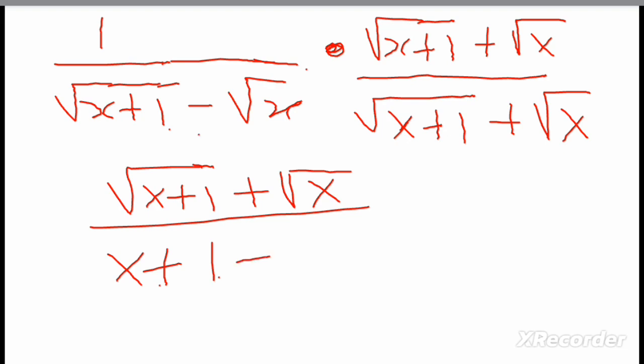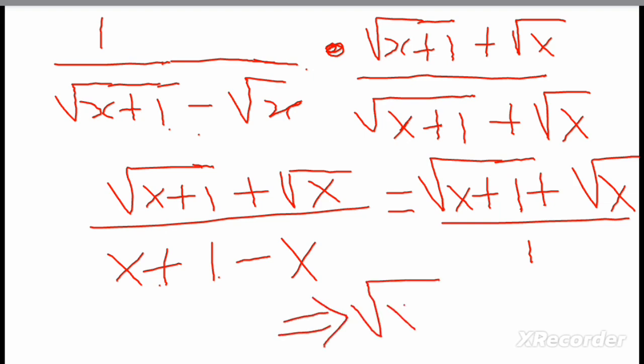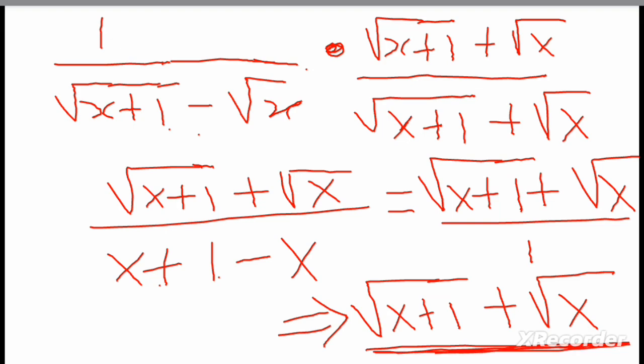Root x times root x, you have got x. So you have got the square root of x plus 1 plus the square root of x over 1. Since you can divide, the only answer you have is the square root of x plus 1, plus the square root of x. So that is our final answer.